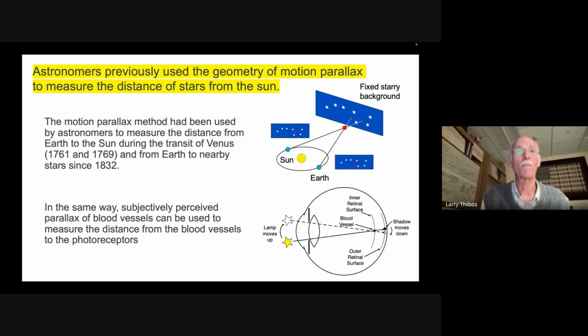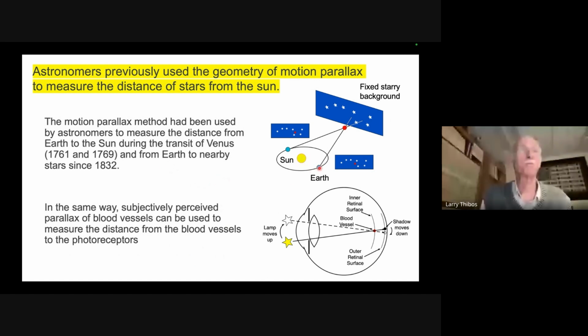Now, this is not a new idea, actually. Astronomers had been using this kind of argument for a long time. They had used it in order to measure the distance between stars and planets from the sun and from the Earth. So here's how the argument worked.